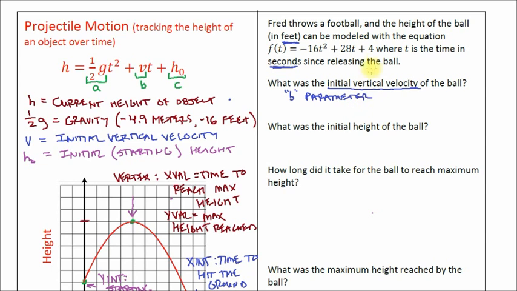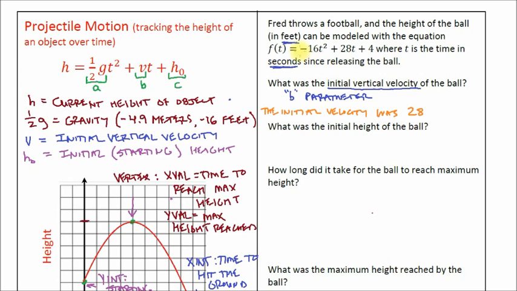That's the b parameter. So our answer is going to be the initial velocity was 28. There's our b value.